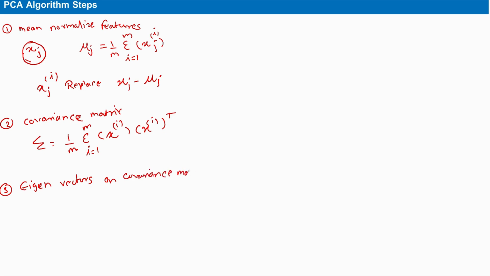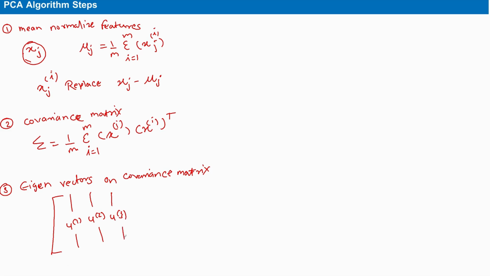Once you find these eigenvectors, you will get the final matrix like this, where each column will represent one directional vector, like u1, then u2, then u3.